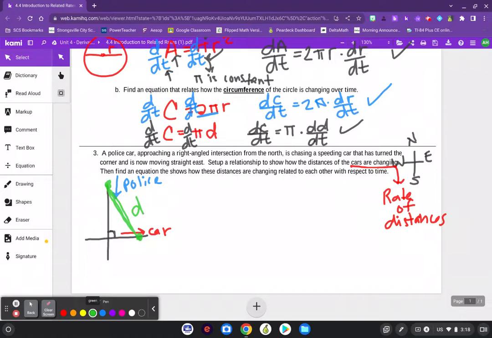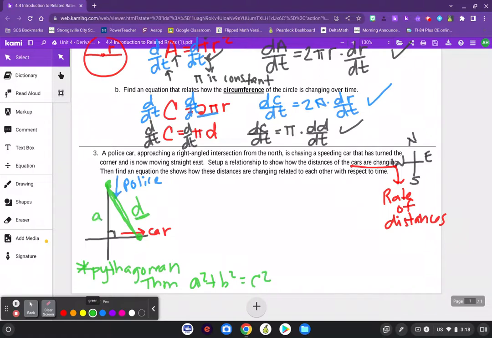I'm going to be using this right angle. I'm going to call that hypotenuse d. That's the distance between the two cars. And we've got a right triangle, so this feels very much like the Pythagorean theorem. And the Pythagorean theorem says a squared plus b squared equals c squared, but instead of c, I'm going to use d.